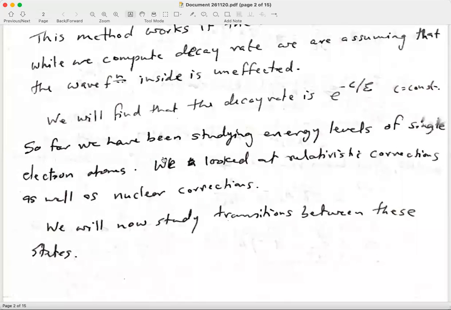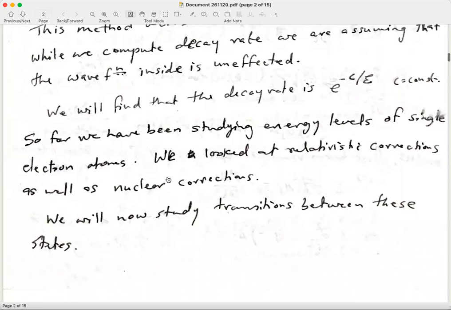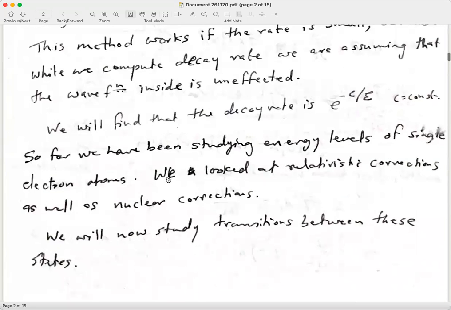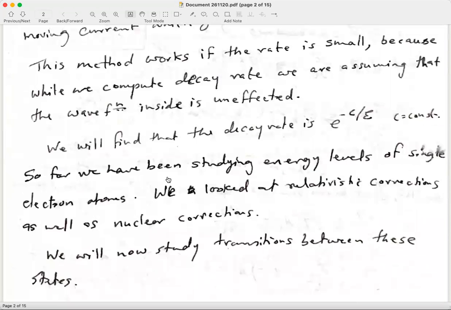So what we have done so far is we have studied various things about the single electron atom, where we have looked at various corrections like relativistic corrections or corrections due to the nuclear spin and so on, and also things like ionization of the atom.